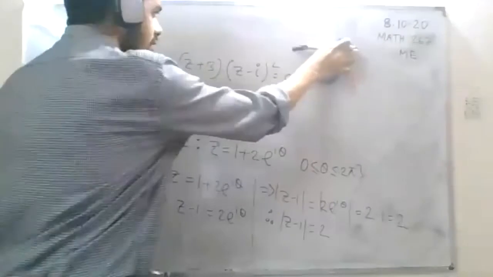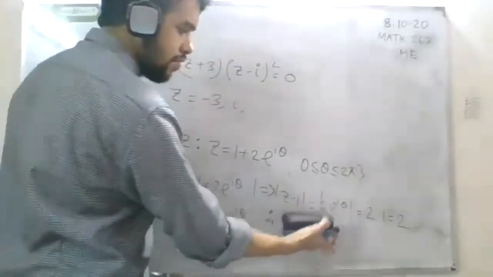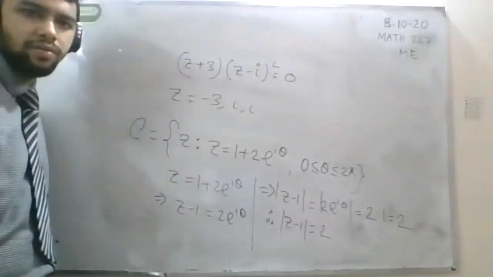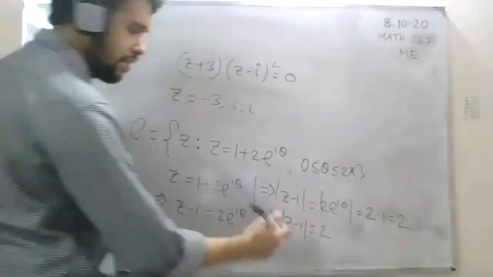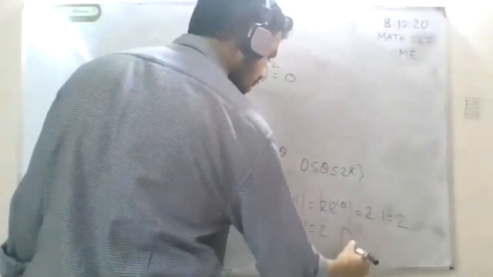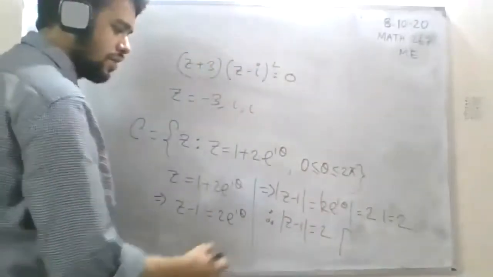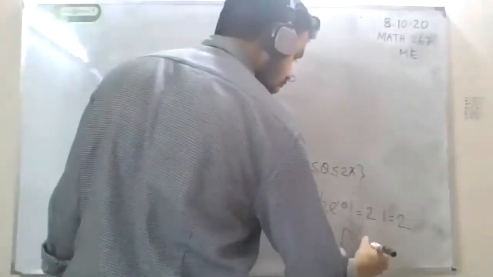So from here, you can say the modulus of e to the power i theta equals 1. And from here, you can find the condition, which is modulus of z minus 1 equals 2. Okay.